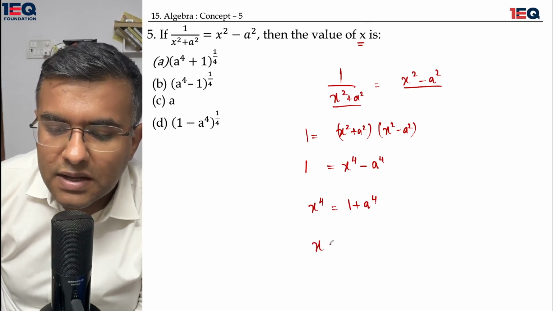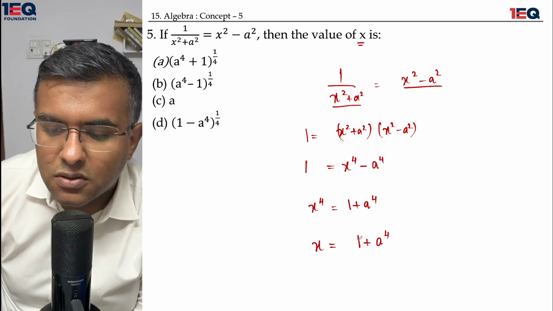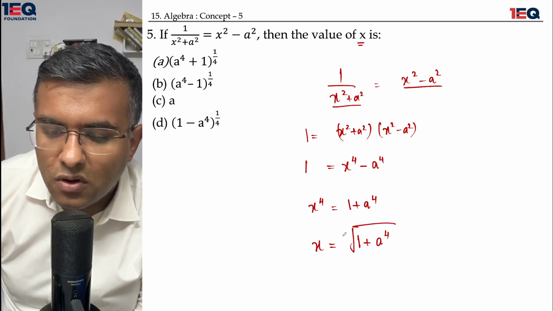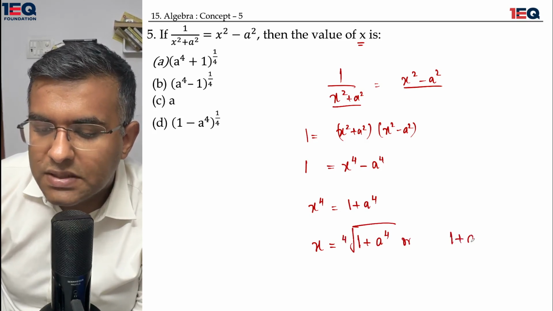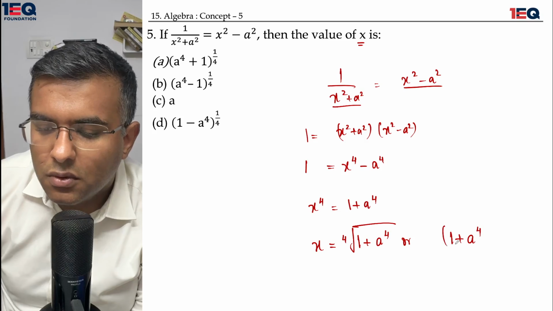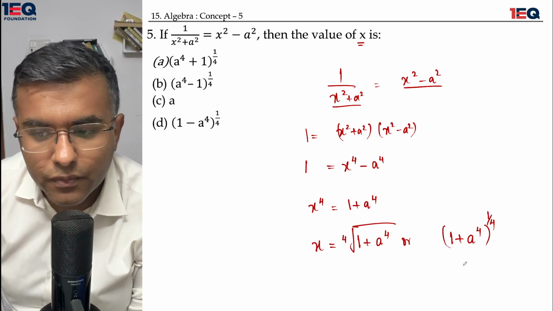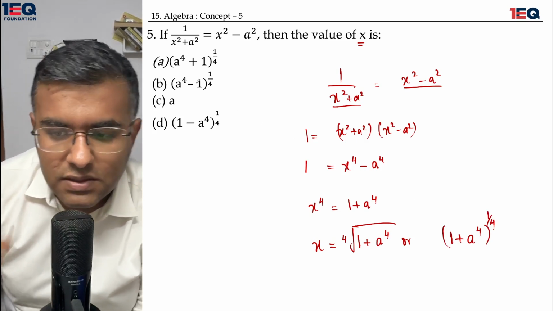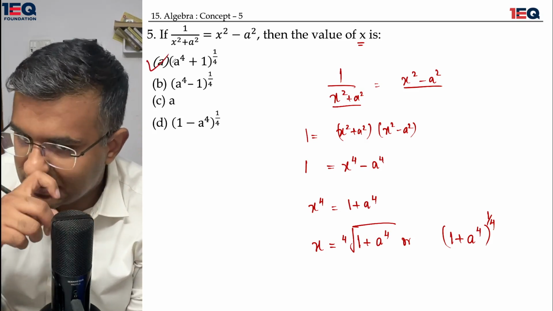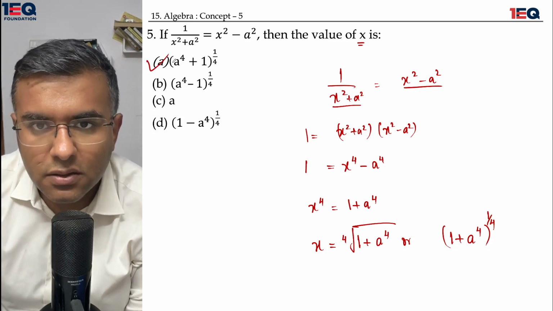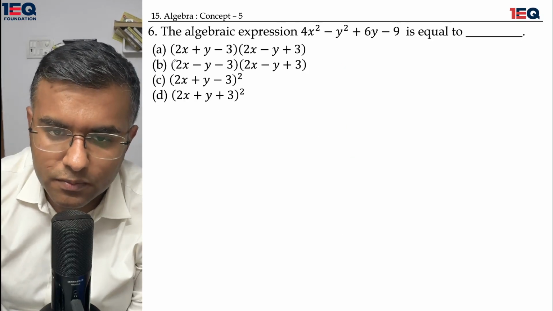But it has asked me for the value of x. So it is 1 plus a raised to the power 4, whole raised to the power 1 by 4. The answer that I'm looking for is the first option. Right? Understood? Let me move on.